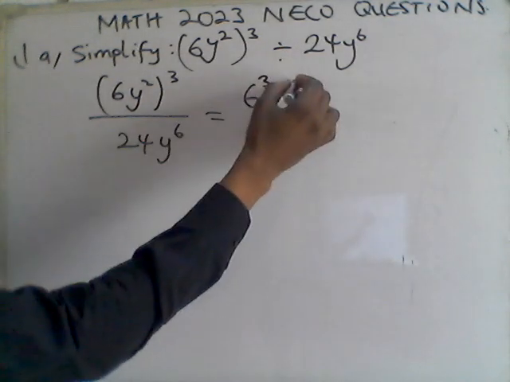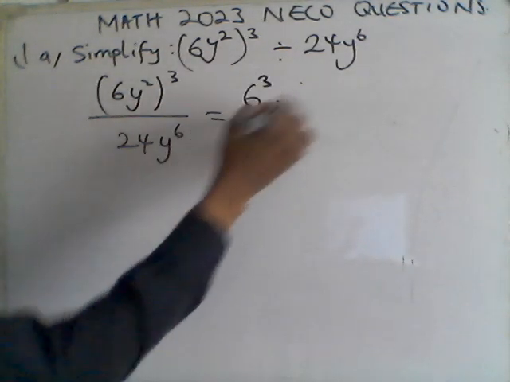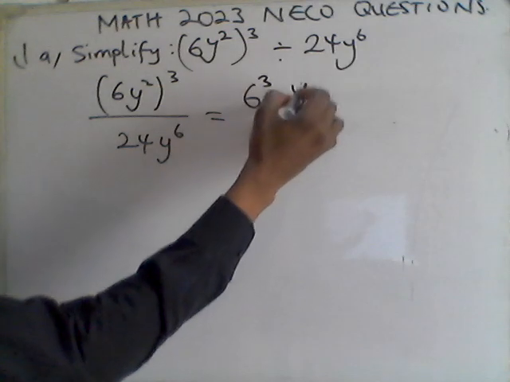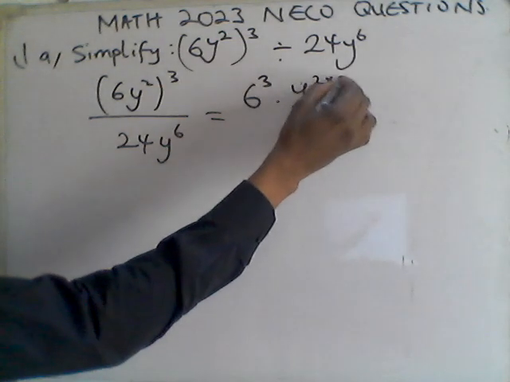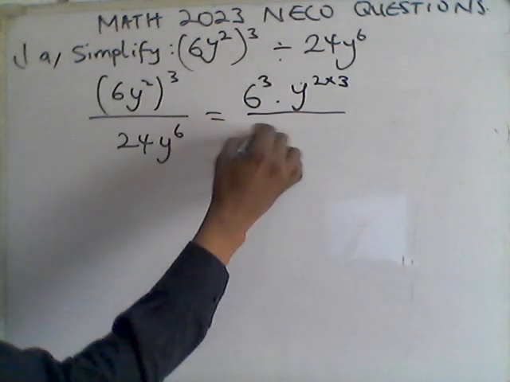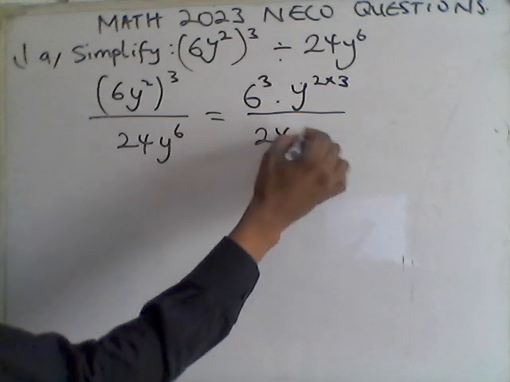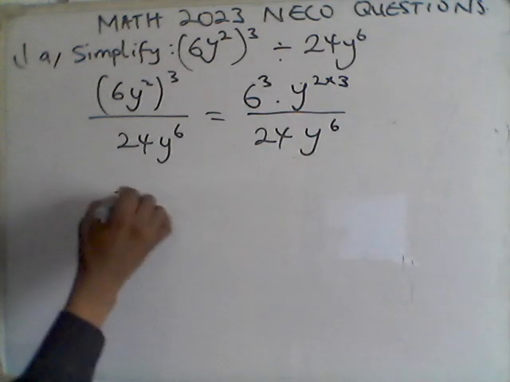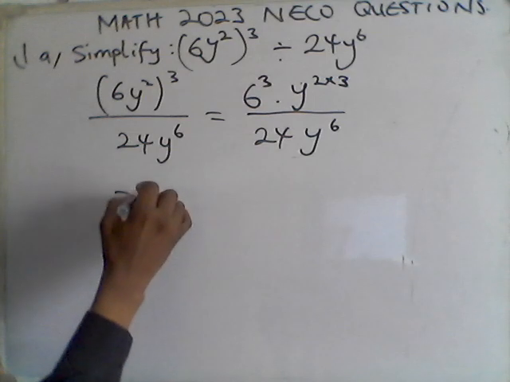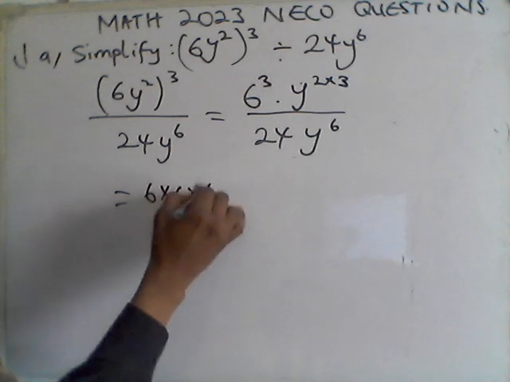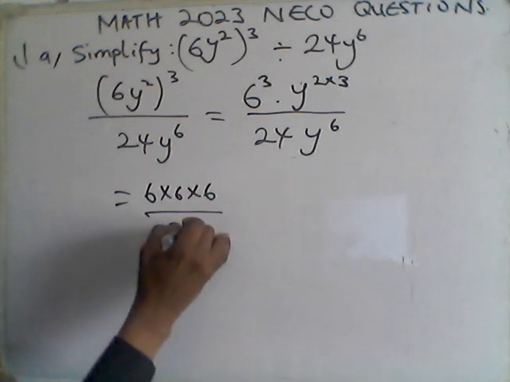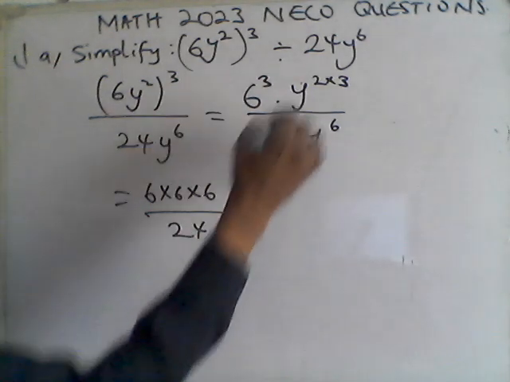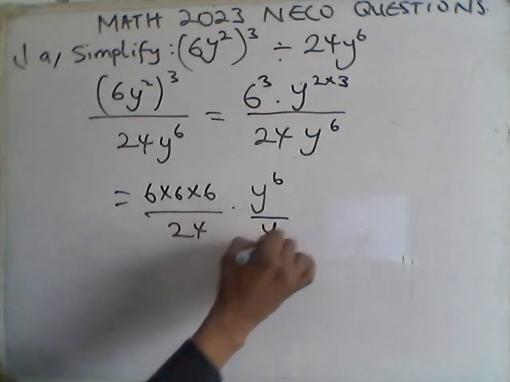So I say 6 raised to power 3 and y raised to power 2 times 3, all over 24y raised to power 6. So we'll continue, saying the same thing as 6 times 6 times 6 in 3 places over 24 dot y raised to power 6 all over y raised to power 6.